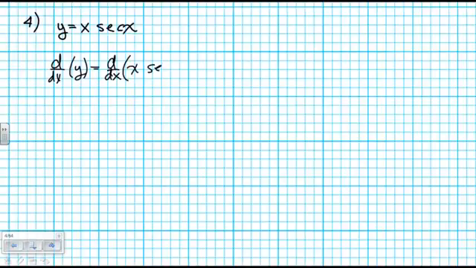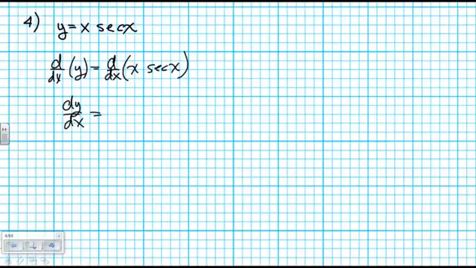Number 4. y is equal to x secant x. Let's take the derivative of both sides of that equation. Bad notation again. Let's get that straightened out. Now, at this point, we should say the right-hand side is the result of a product.